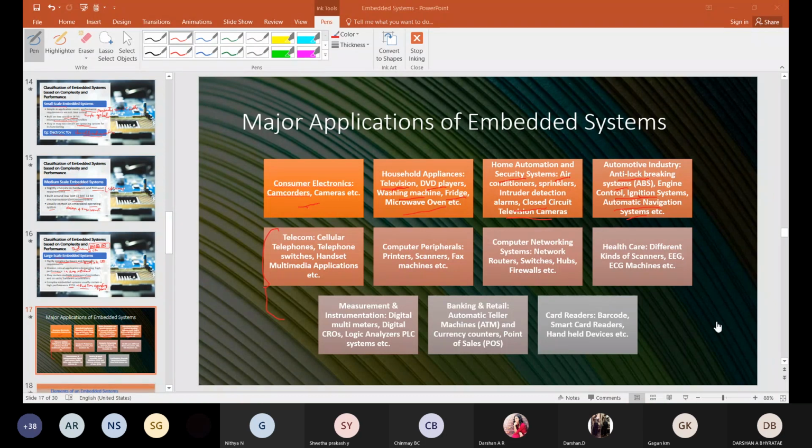Nityashri, present, sir. Parnika, present, sir. Pavan, present, sir. Raghavendra, present, sir. Rahul Rajiv, present, sir. Raju, present, sir.